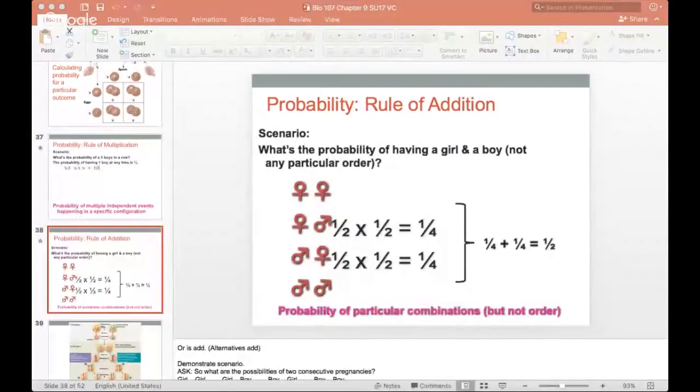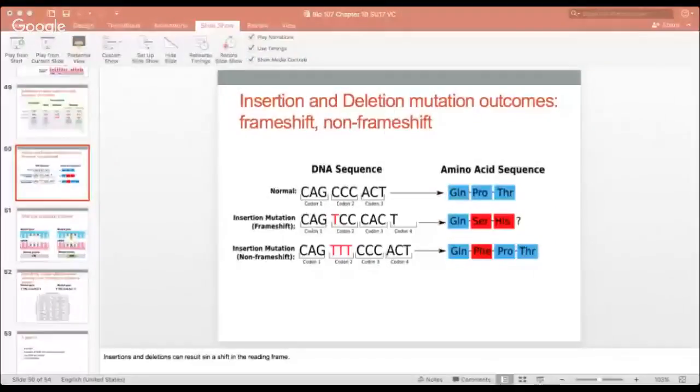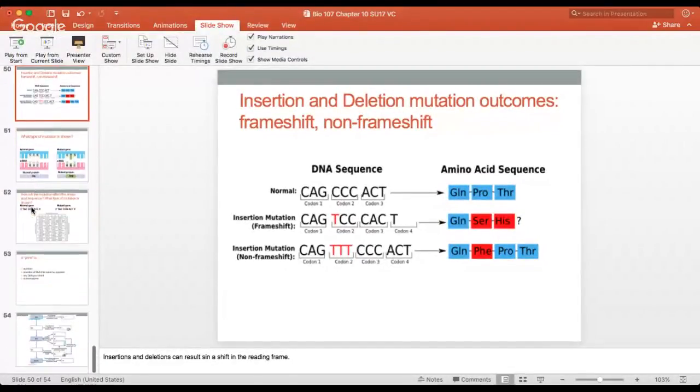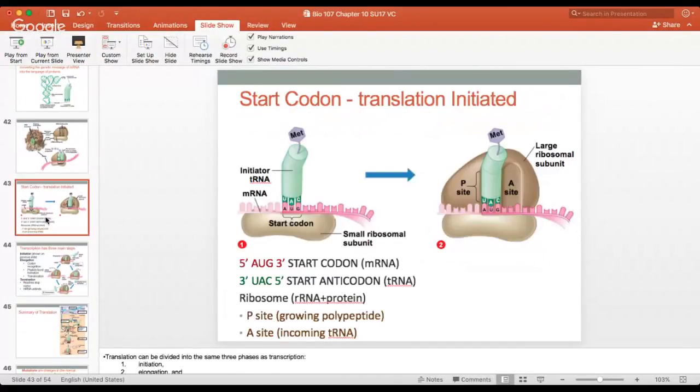Let me change what I'm screen sharing here. Okay. So you cannot transcribe anticodons, and here's what I mean by that. Let me go over to my tRNA. You can translate an mRNA.